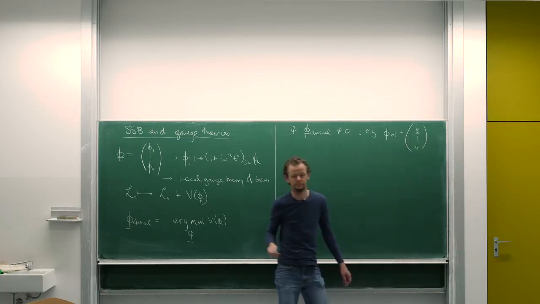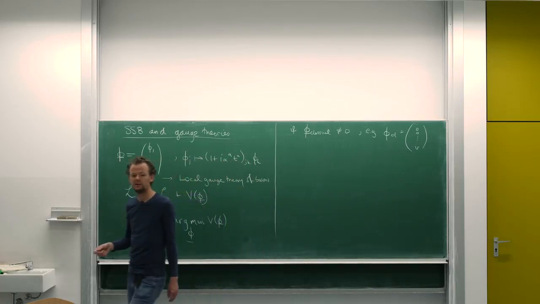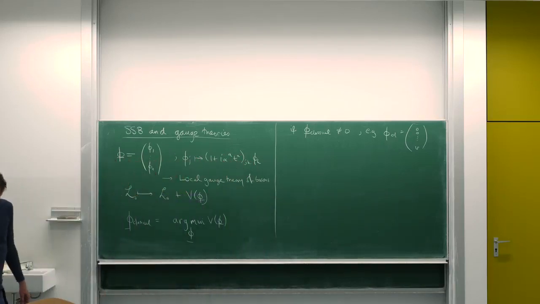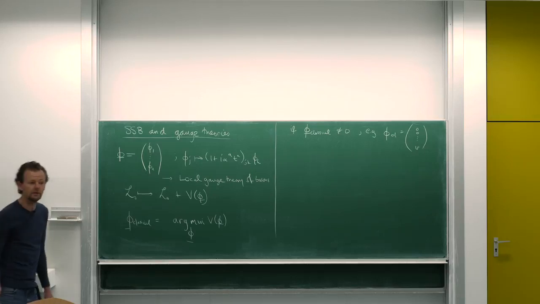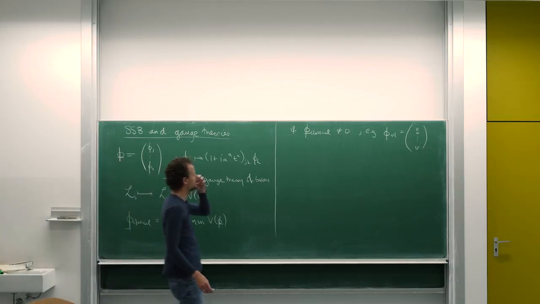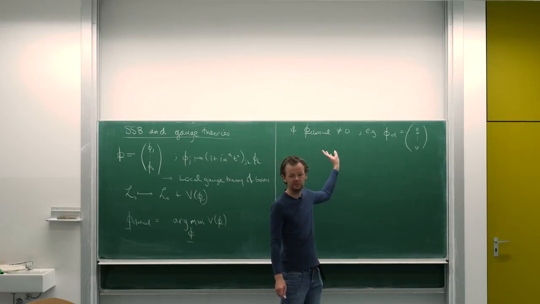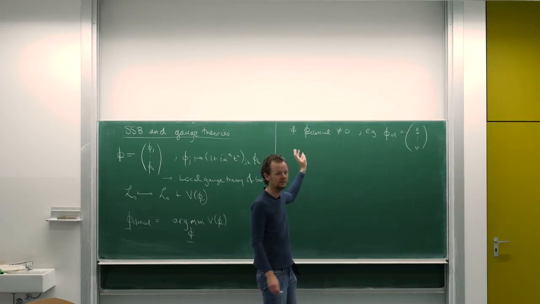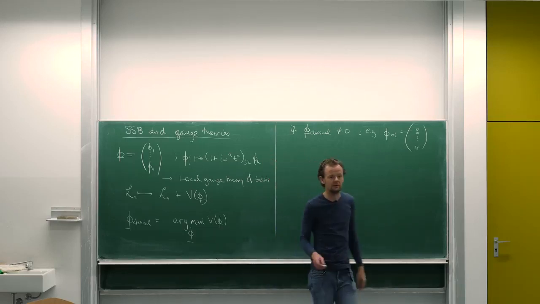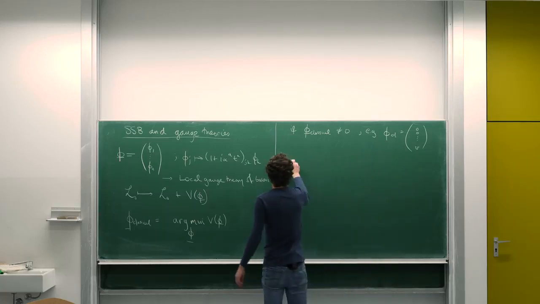Suppose we're in that scenario, then the procedure that we need to follow to understand how the gauge bosons in this theory acquire a mass is we look at the covariant derivative term.